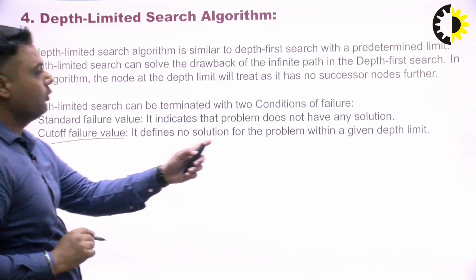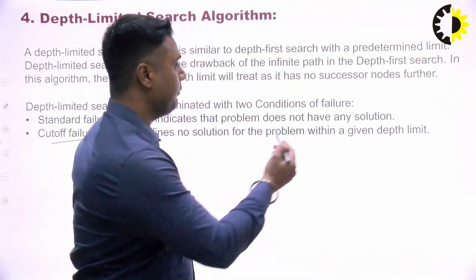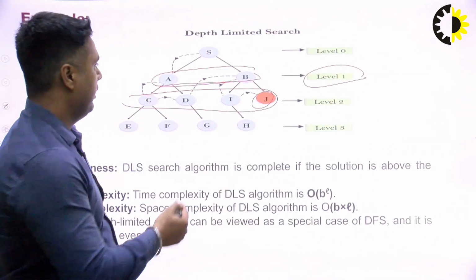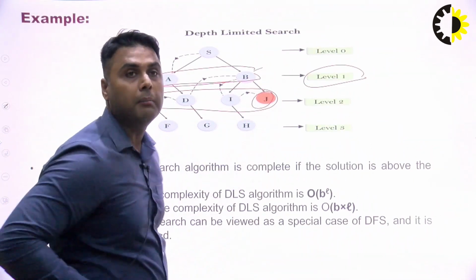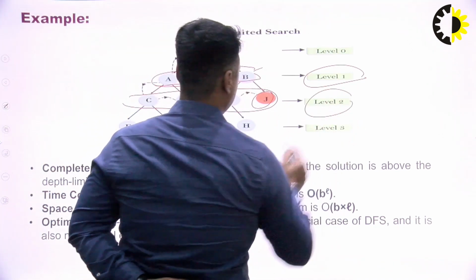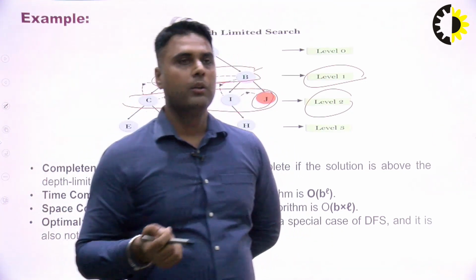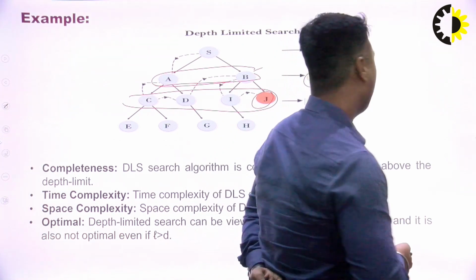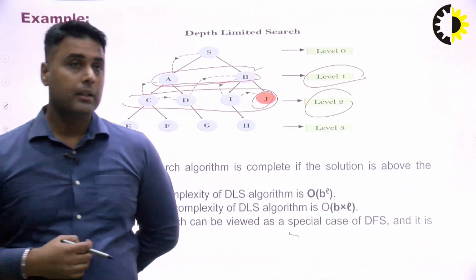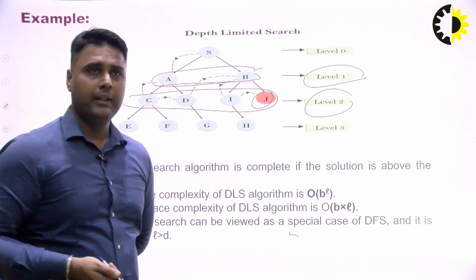So my search gives the cutoff failure value. It defines no solution for the problem within the given depth limit. This type of problem arises, so my search is incomplete. But if I decide on level 2, then my searching technique is okay and completed. It basically solves the problem of DFS.